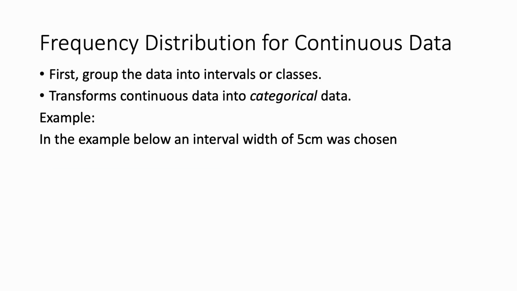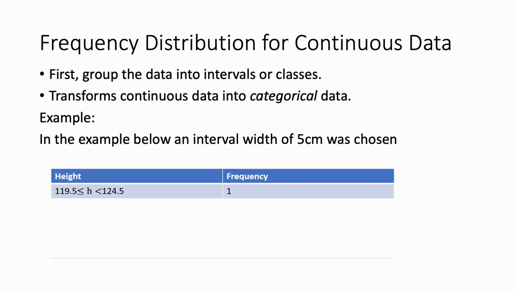So, since the smallest data point in the heights is 120, we start our lowest category from 119.5. Because 119.5 is the smallest number that can be rounded off to become 120.